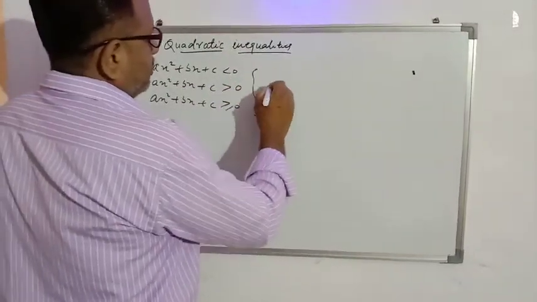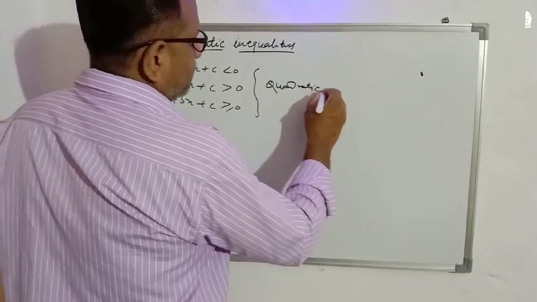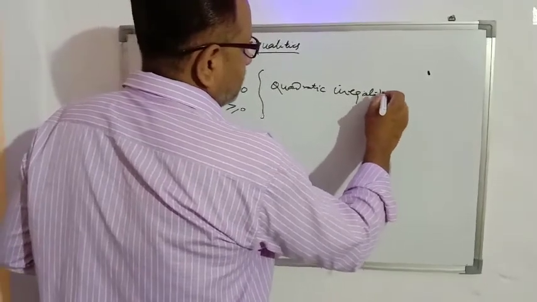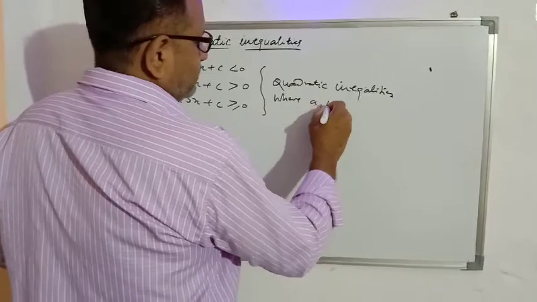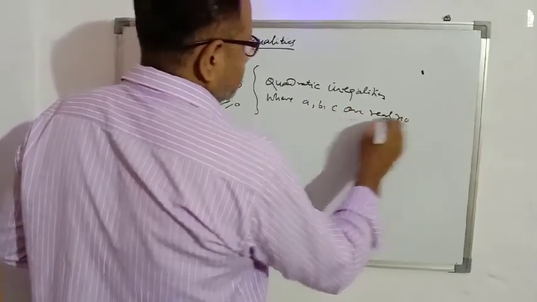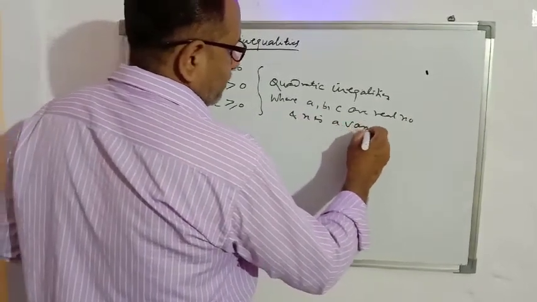So these are called quadratic inequality, where a, b, c are real numbers and x is variable.